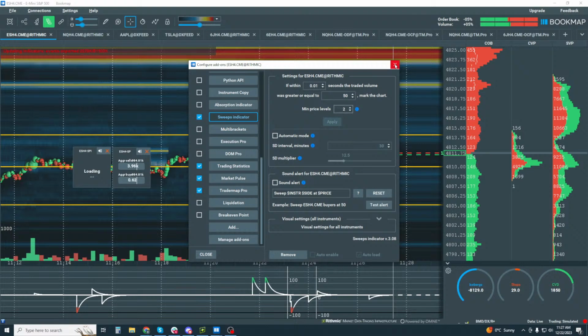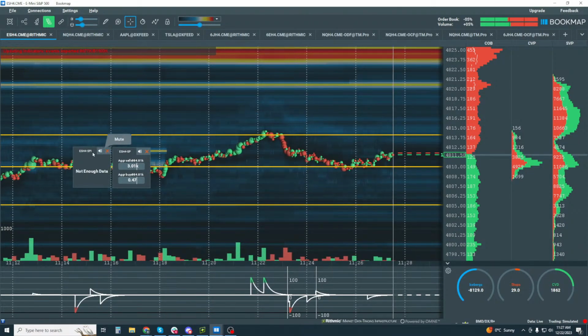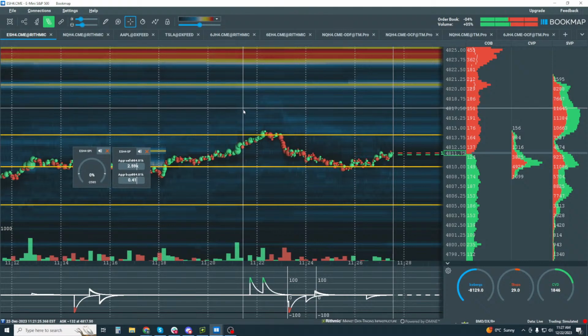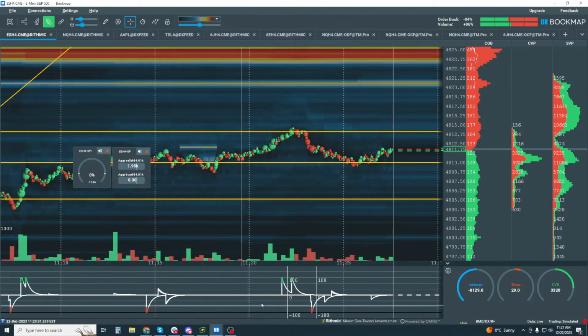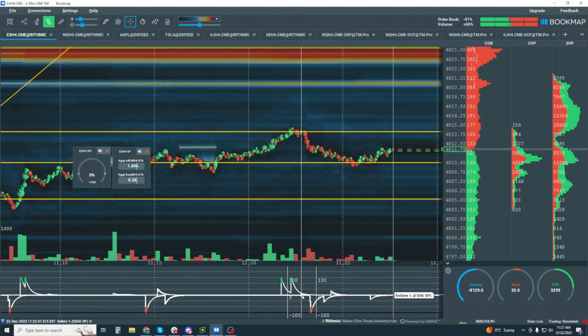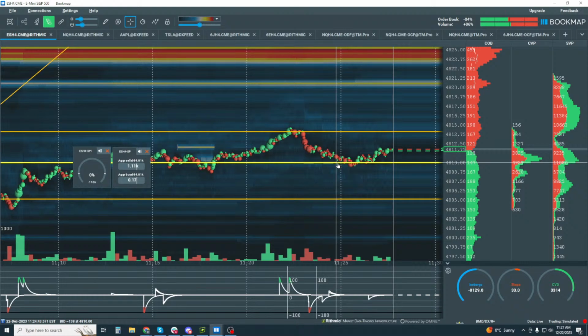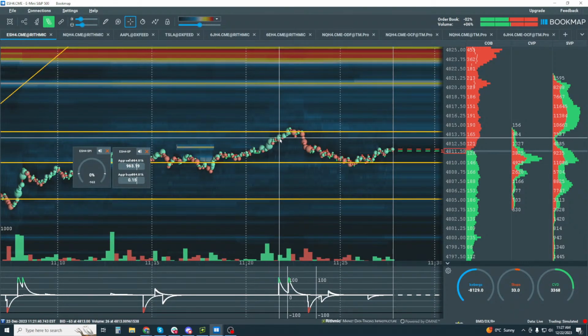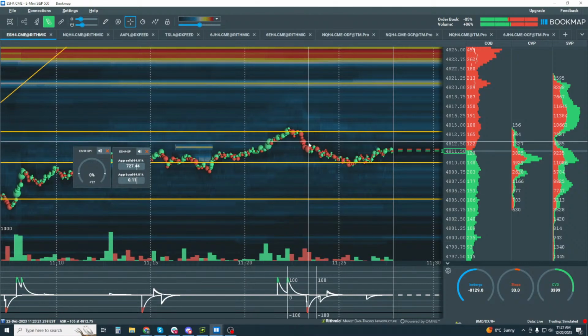So now we're going to close it, and it's loading those new parameters in here, and we're going to see a lot more sweeps. Okay, so we had some buy sweeps here, a sell sweep here.